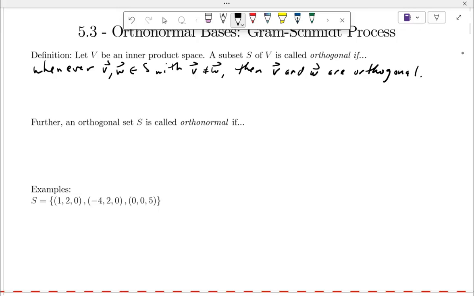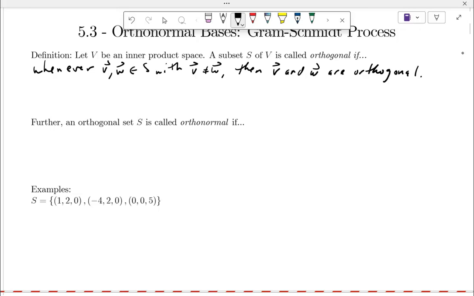To give an easy example of that, in R3, you're used to writing everything in terms of I, J, and K. If I just take the vectors I, J, K, that would be an orthogonal set. Because I and J are orthogonal to each other, I and K are orthogonal to each other, J and K are orthogonal to each other. Right? So those are orthogonal.